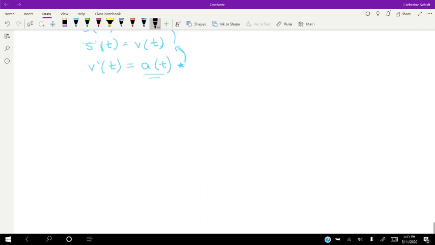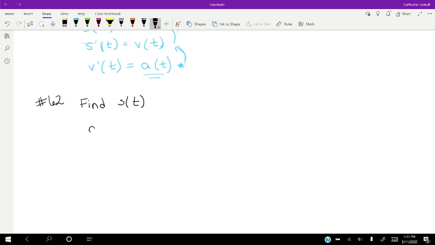So let's go over to number 62. We have a particle moving, and we're going to find the position of the particle. The position is s, so we're going to find s of t.